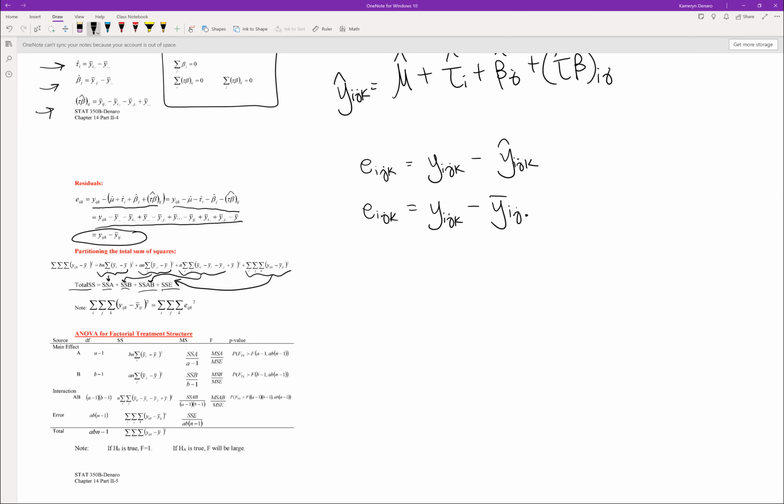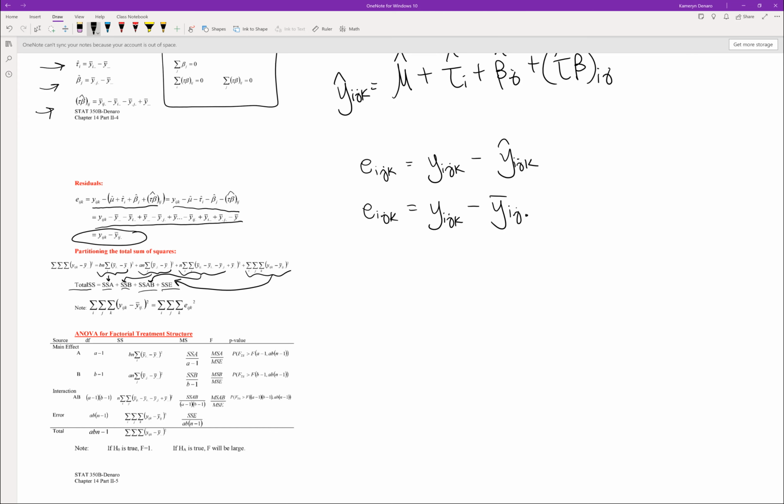So what we can do then is create an ANOVA table for the factorial treatment structure, with a similar format as before. We have the source of the variation, the associated degrees of freedom, the sum of squares, and the mean squares.